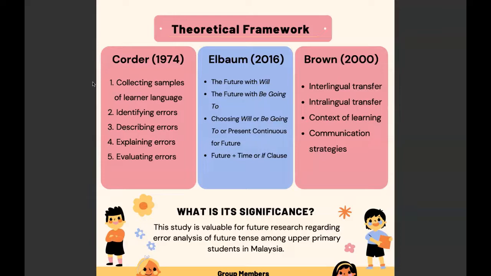Most researchers are focusing on the secondary and tertiary educational level, which led to the focus of the study on the primary level. By identifying the factors of future tense errors among upper primary students, fitting actions can be taken in order to ensure further understanding of future tense can be achieved in future.